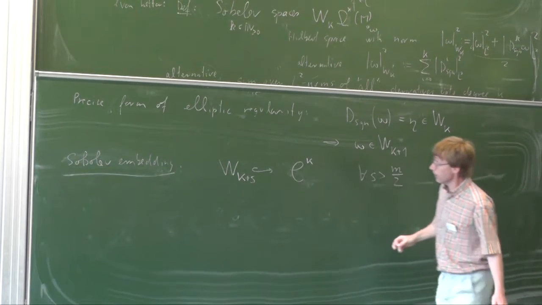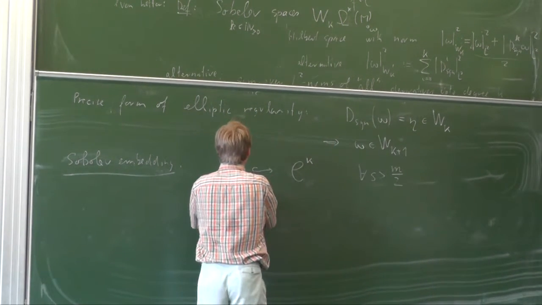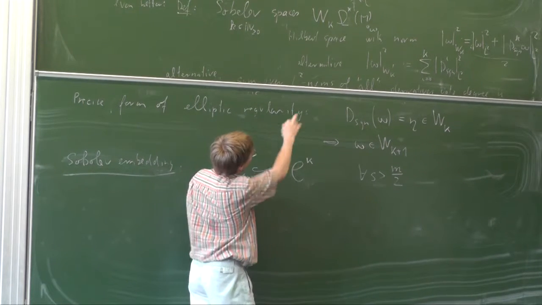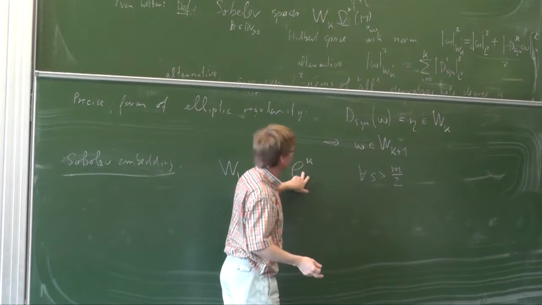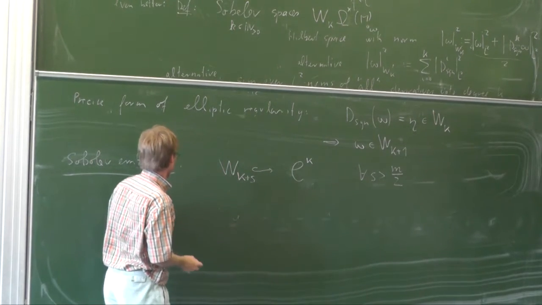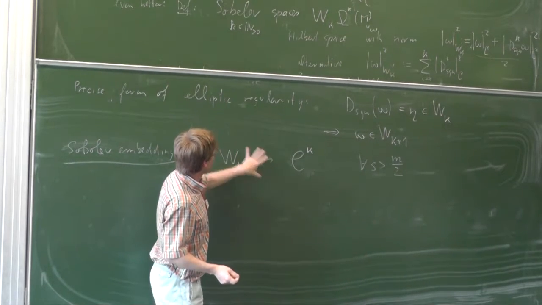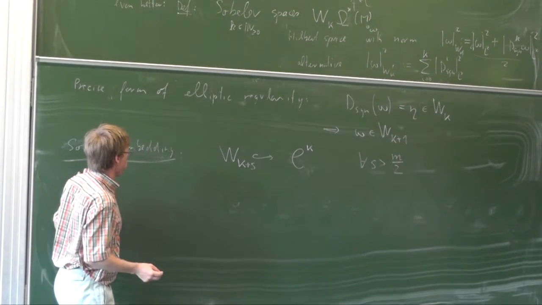And you see, if we are in W infinity, meaning you require all of these derivatives, then you also see this is a continuous embedding of Banach spaces.